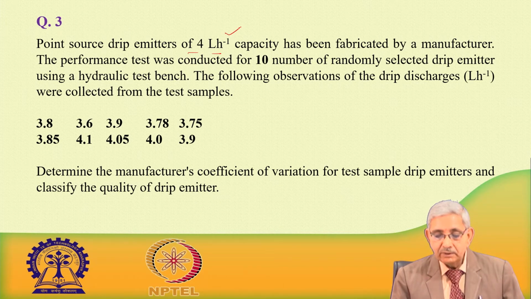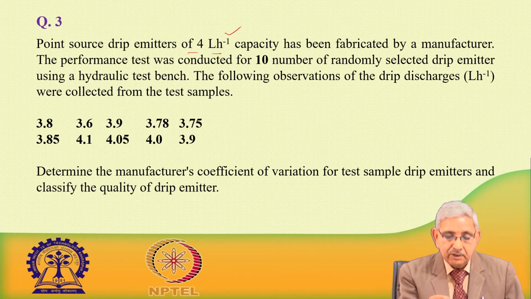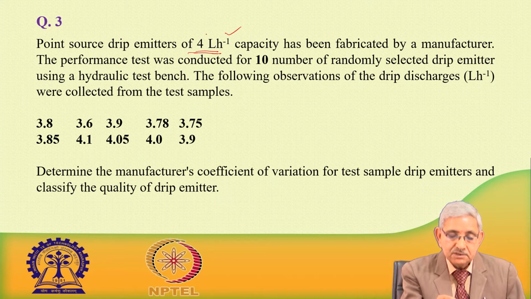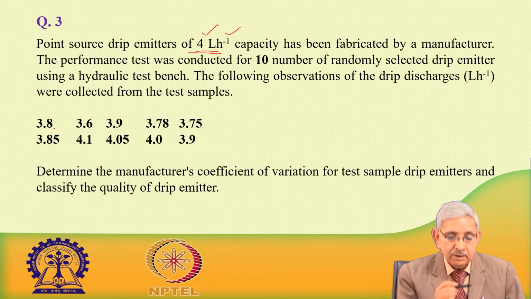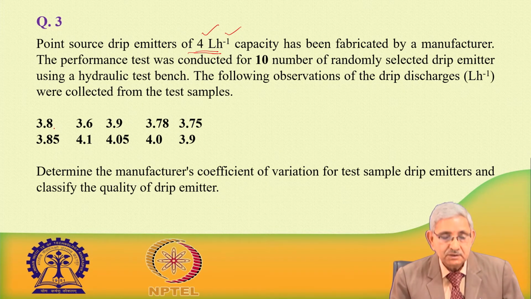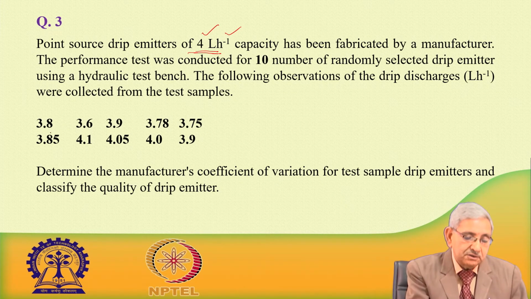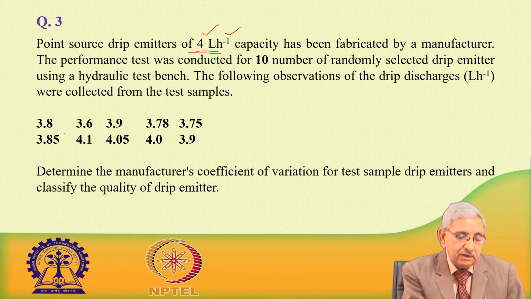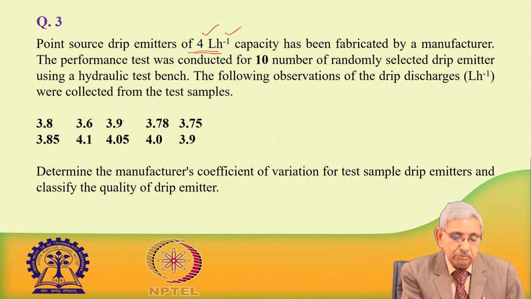Now, the data which were obtained: the actual design discharge is 4 liter per hour, but when we test it on the hydraulic test bench, we find these data: 3.8, 3.85, 3.6, 4.1, like this.